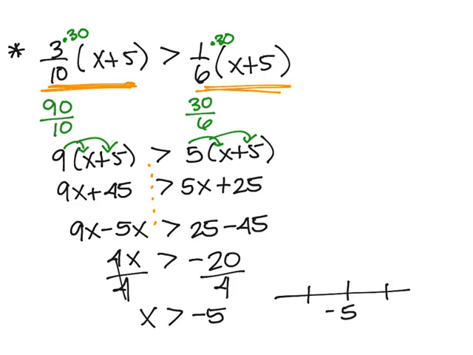If you got negative 5 and it says greater, you know that you're shading it to the right. That means everything bigger than negative 5 is your answer. Bracket or parenthesis? Parenthesis. And so how would that interval start? What do we start with?